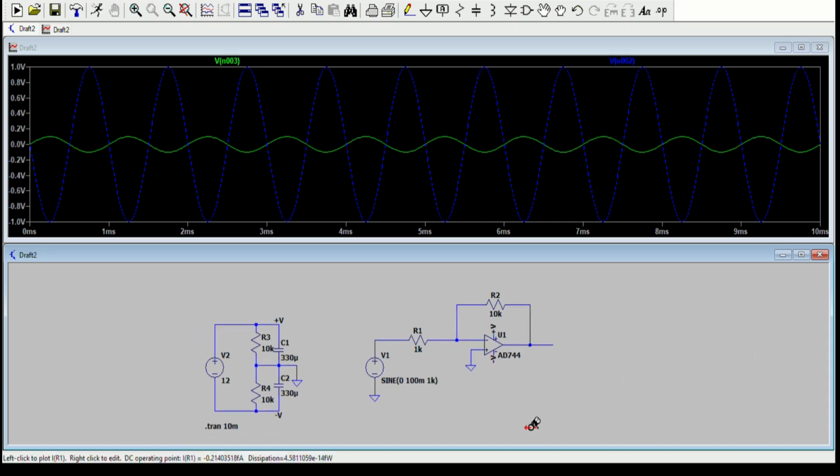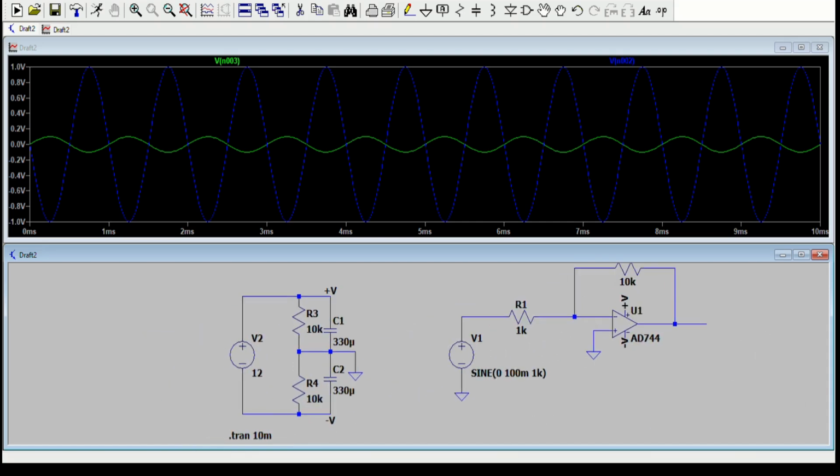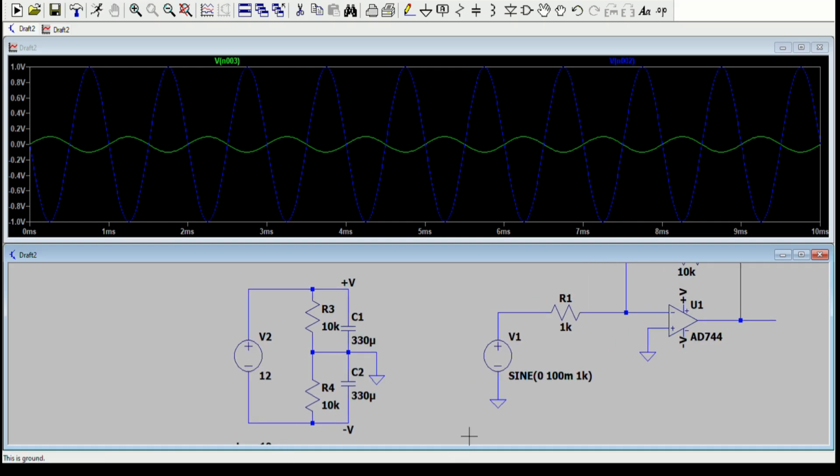But if you don't have a dual power supply, what you can do is you can build a circuit like this, where you just basically create a voltage divider with some capacitors for keeping the voltage stable, and you just take the center voltage of this as your common, right? Because all the common is, it's just a reference point.